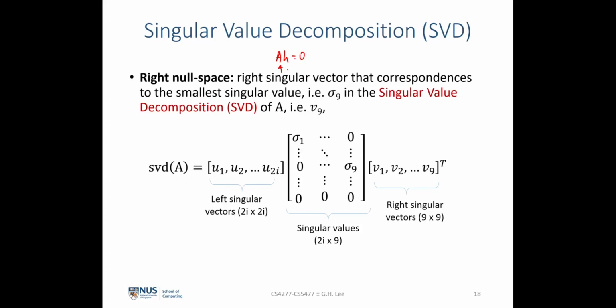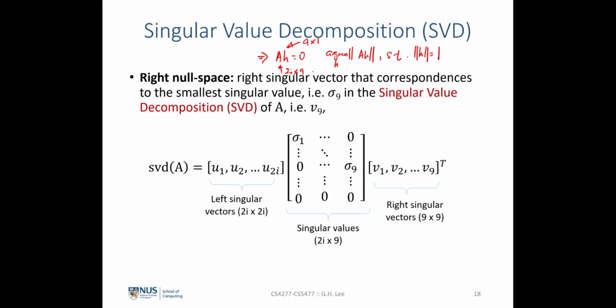A here is a 2i by 9 matrix, where H consists of all our 9 by 1 unknowns in this null space equation. And by computing the right null space of A, we can compute the solution to this least square estimate. This means that we are computing the solution to the minimization over H of the norm of AH, subject to the constraint that the norm of H needs to be 1.